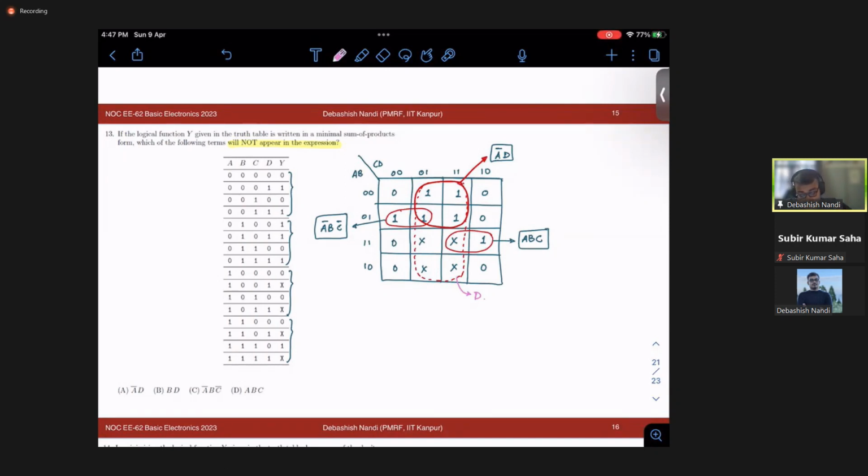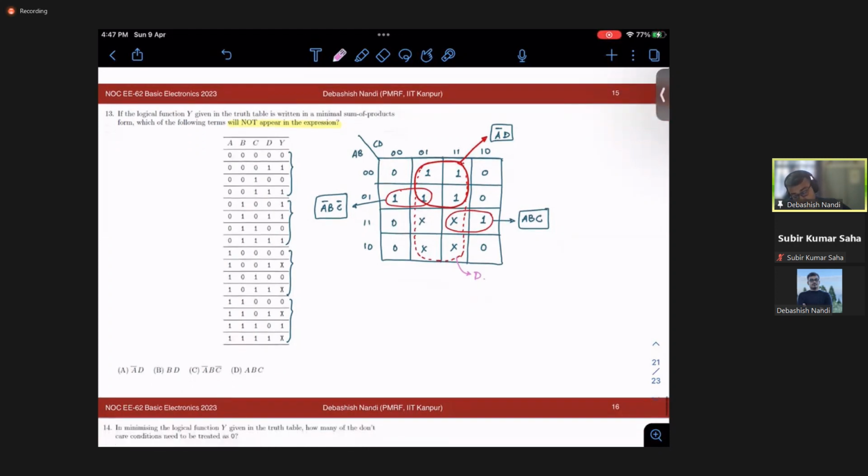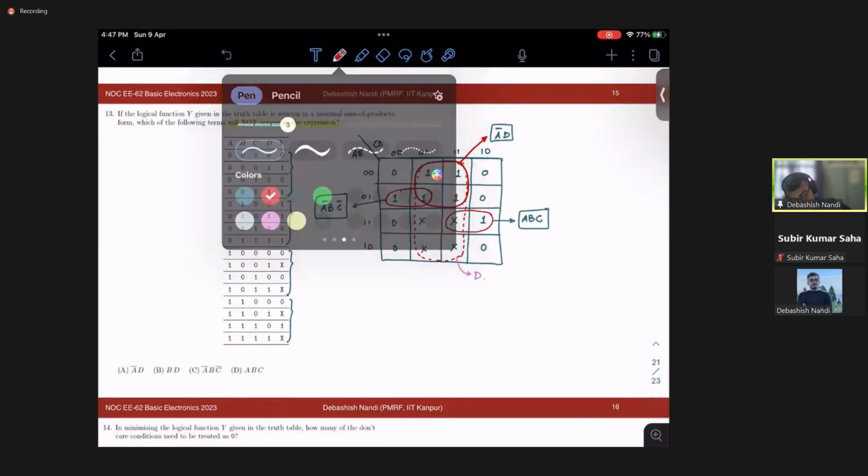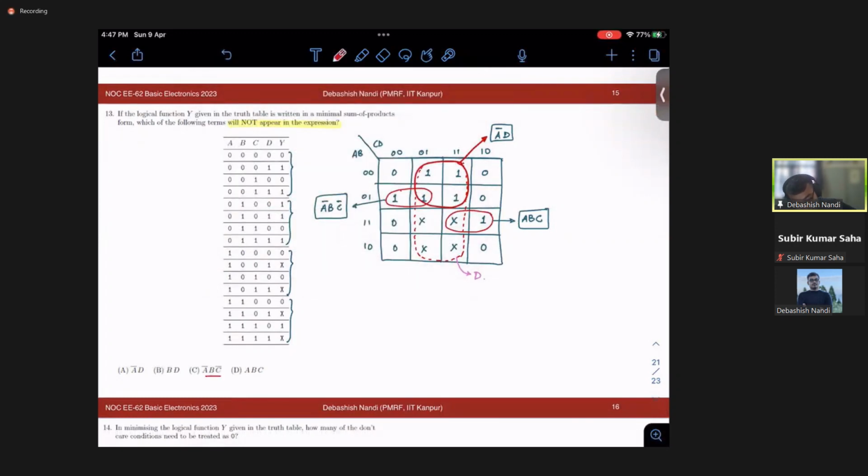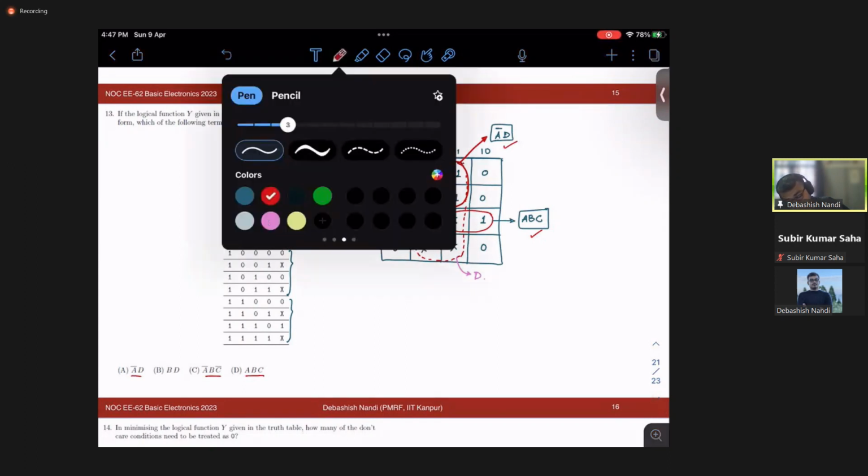So what are the options? What is not present here? Let us check. A bar B C bar is present, ABC is present, A bar D can be done, BD. So what is BD, by the way? Let us find out BD.